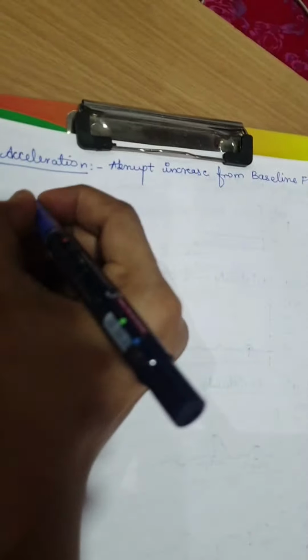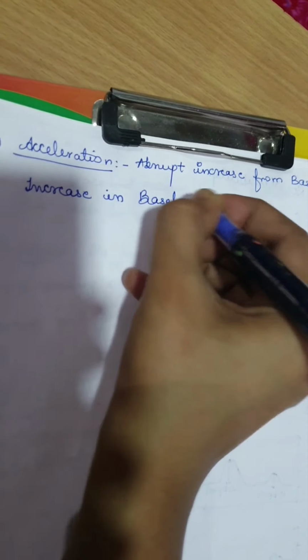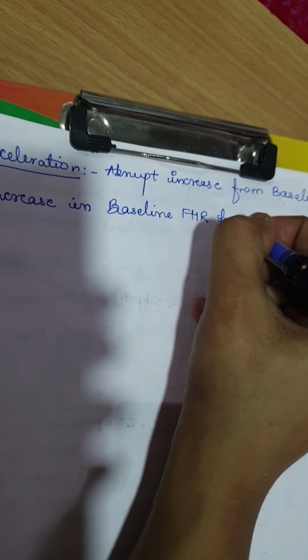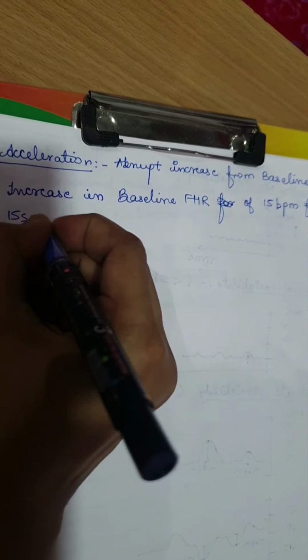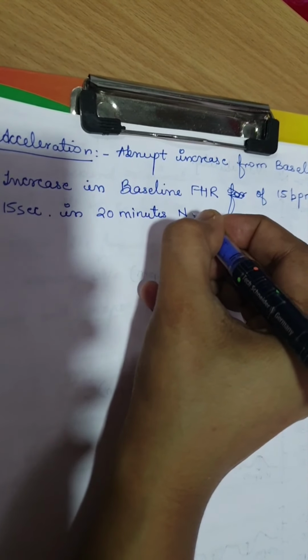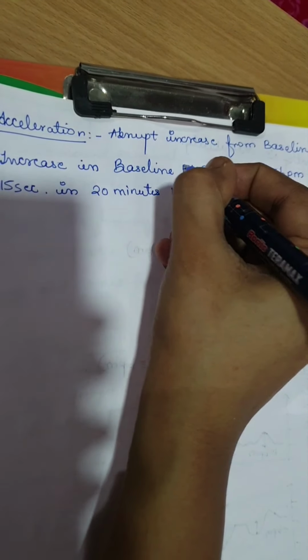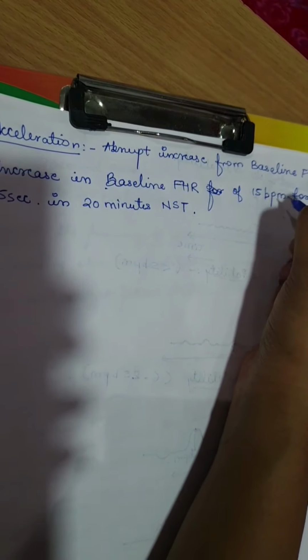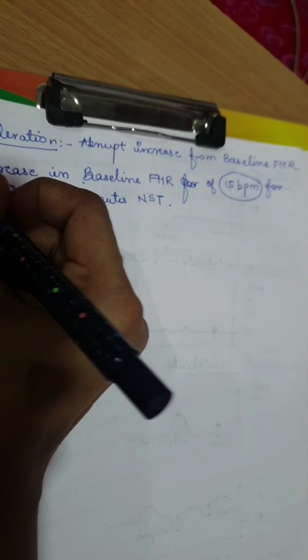So, an increase in the baseline fetal heart rate of 15 beats per minute for 15 seconds in a 20 minute NST. See, normally we do an NST of 20 minutes.